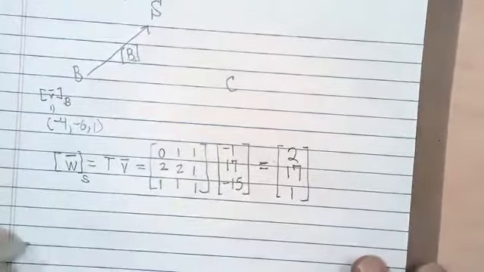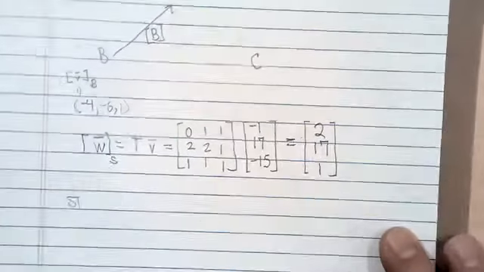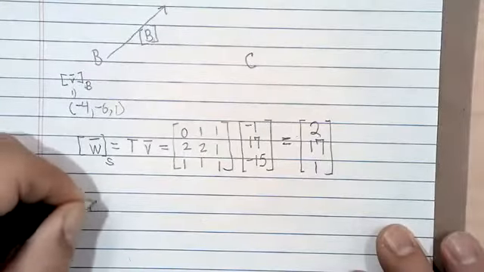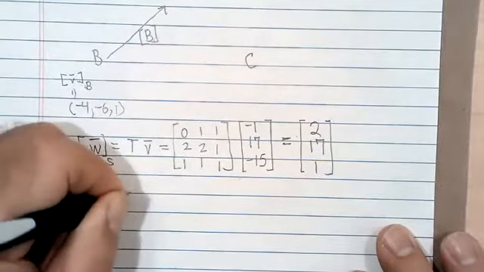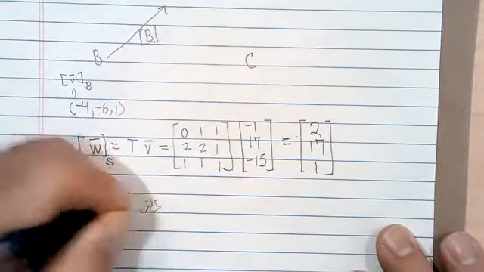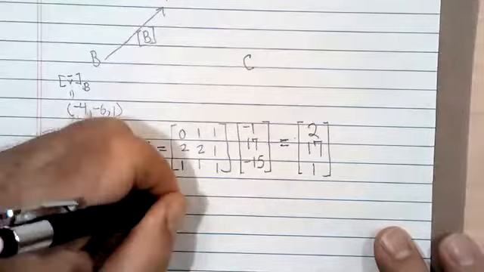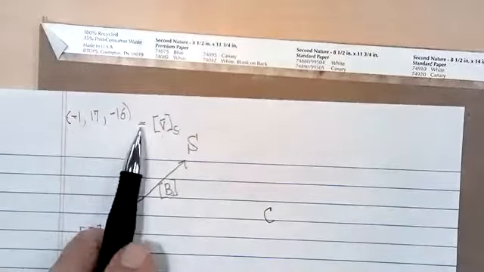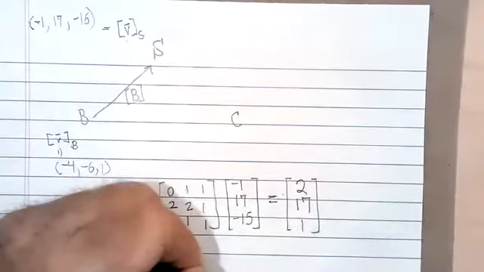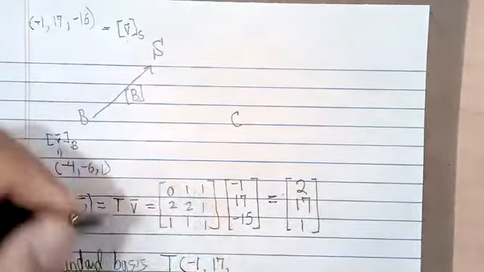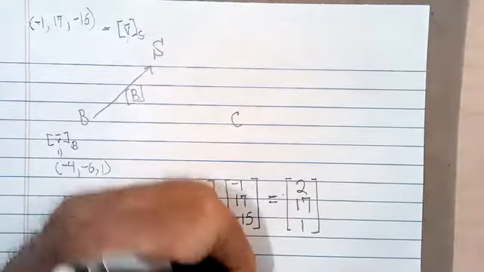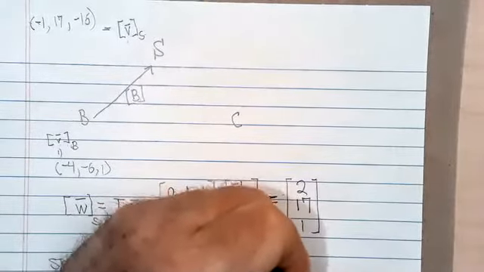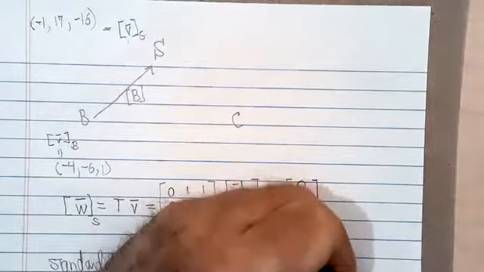So working in the standard basis, what I've determined is this: the image of minus 1, 17, minus 15 is 2, 17, 1.